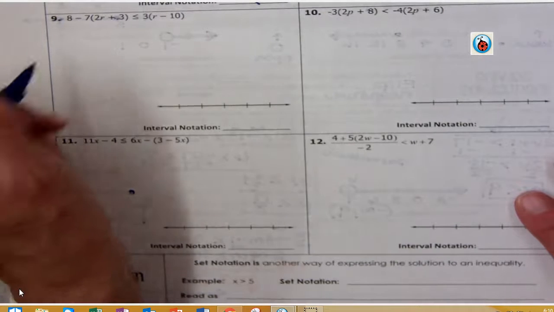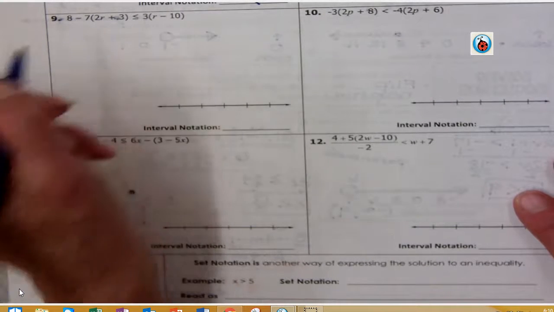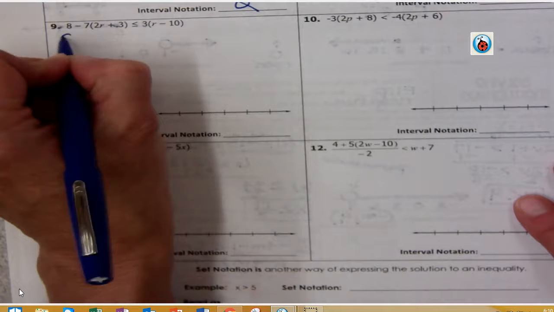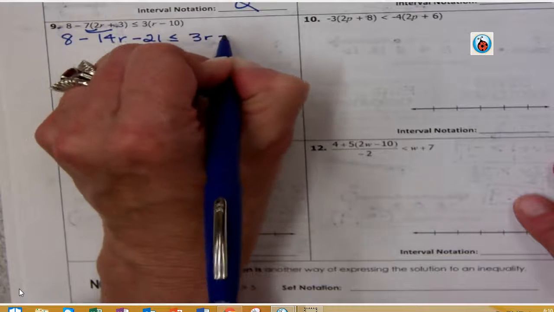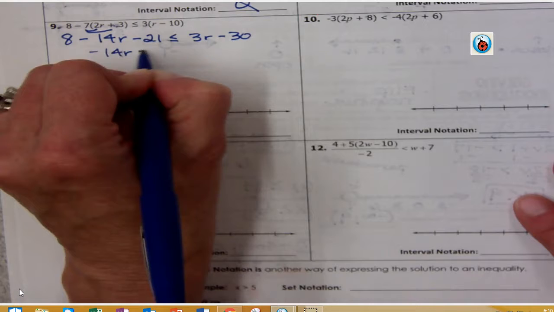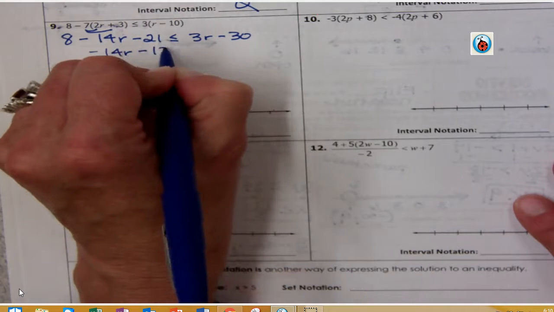If we've got this one, 8 minus 14r minus 21 less than or equal to 3r minus 30. We're going to combine our terms. We get negative 14r minus 13.